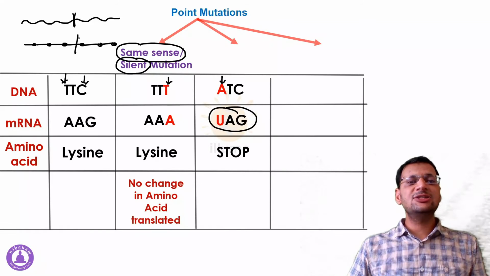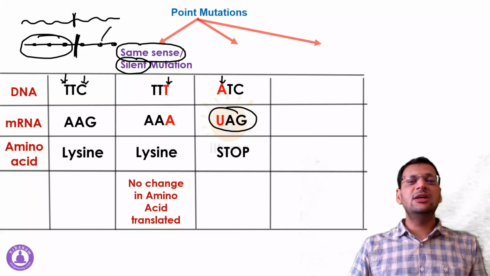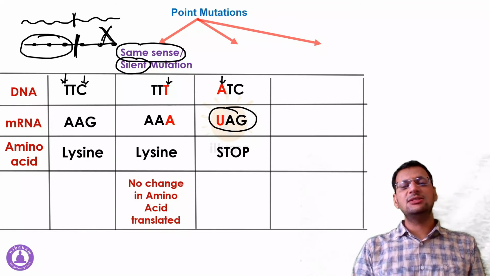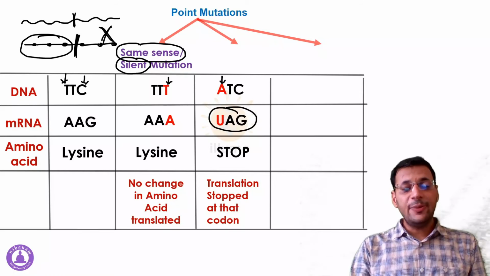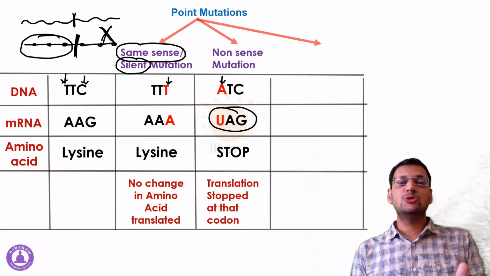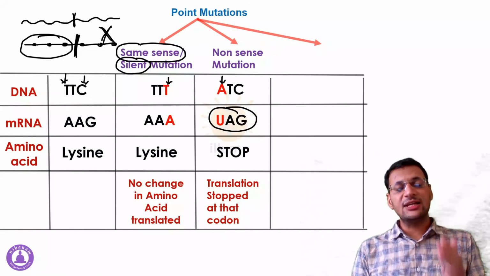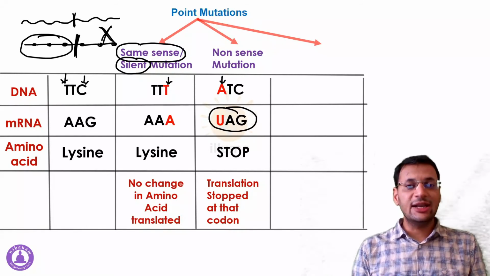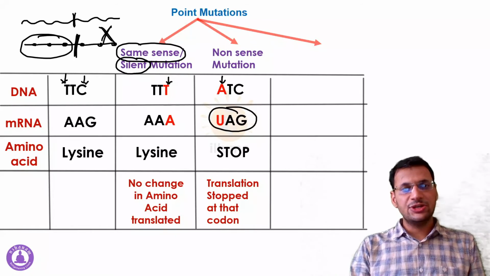That means translation would be stopped at this process, and this protein now will contain only these amino acids. These amino acids will not be present in this protein. That means translation has been stopped, and such mutations are called as nonsense mutation, because the sense which was produced earlier will not be produced now, because the translation process would certainly stop there. So such mutations are called as nonsense mutations.